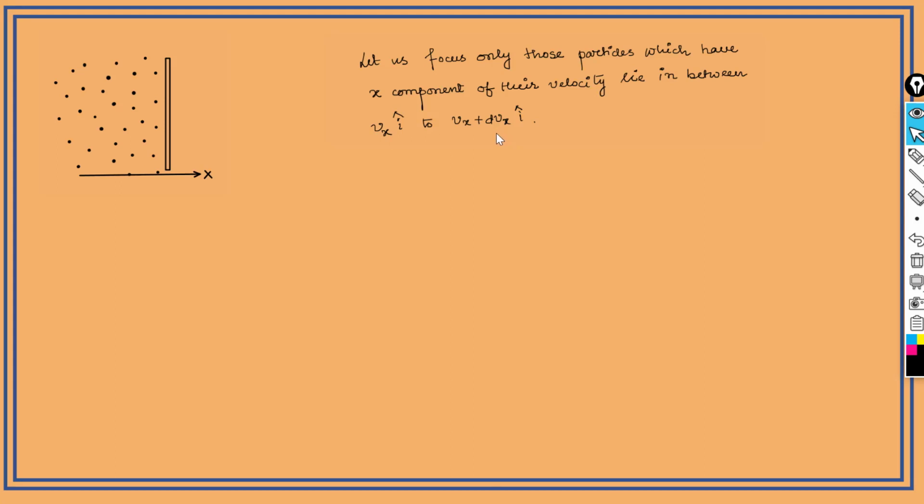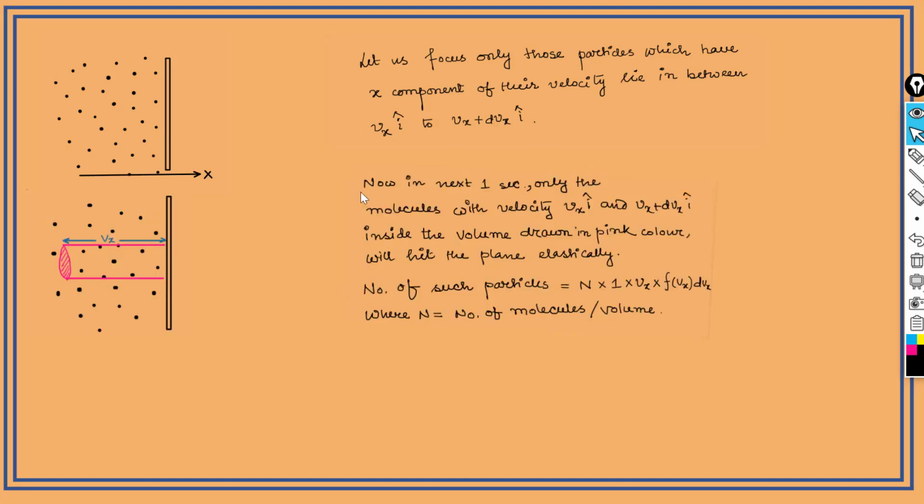And I'm trying to understand how many such molecules are going to collide with this wall in the next 1 second. For that, I have taken this cylindrical region where the area is taken to be 1, so that I can directly find the force per unit area. This is the area, and this is the length of the cylinder.